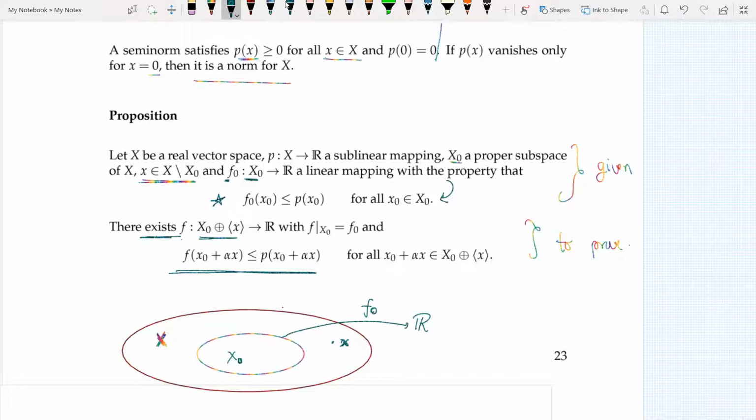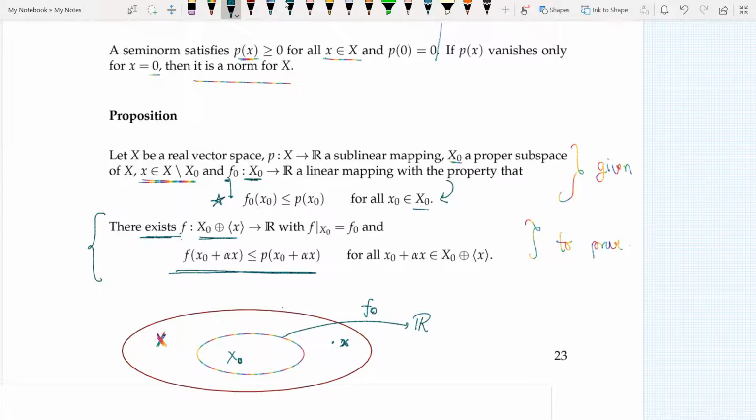Let's try to again recapitulate what we are trying to do. Given I have a functional which takes elements from X naught to R, and it satisfies this property that F naught of x naught is always less than or equal to P of x naught for all x naught belonging to capital X naught. Now what we are saying is that there exists a functional which takes elements from X naught direct sum span of x.